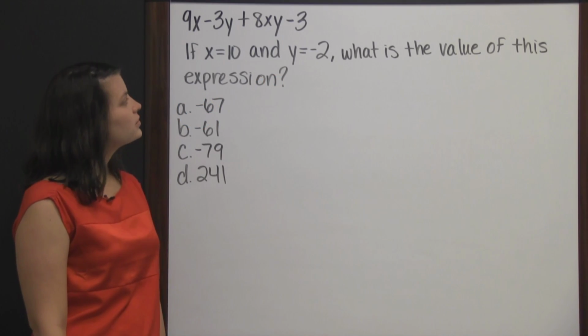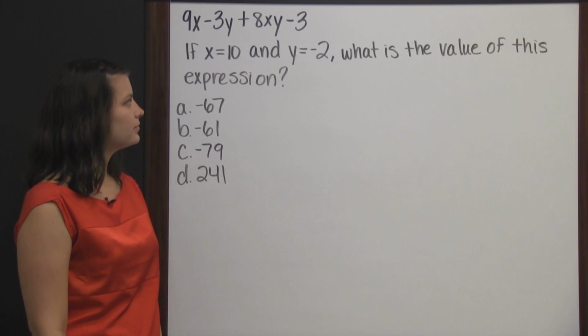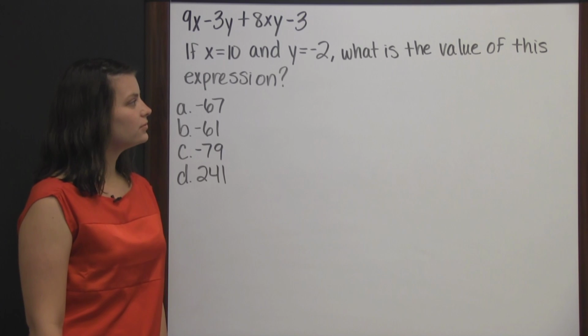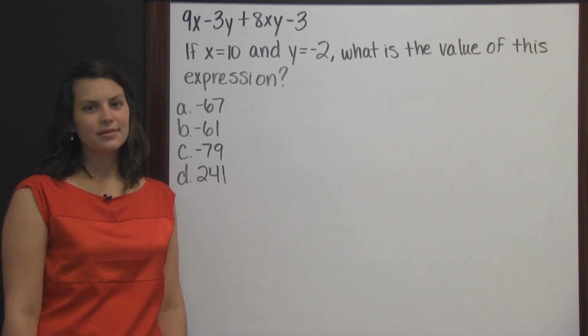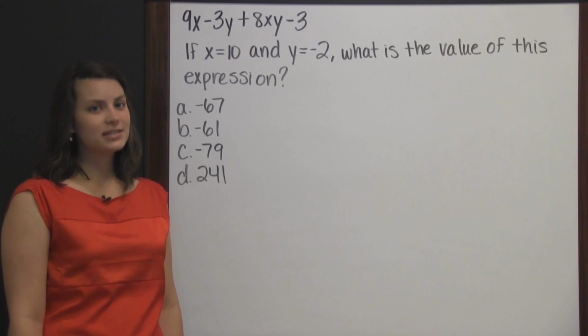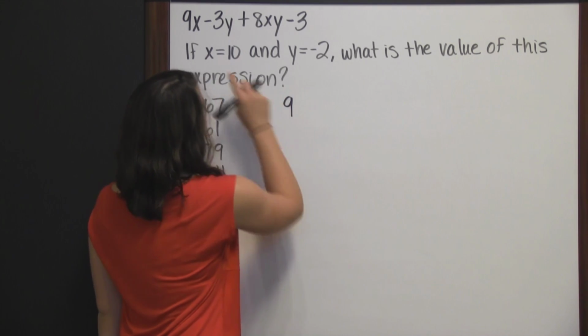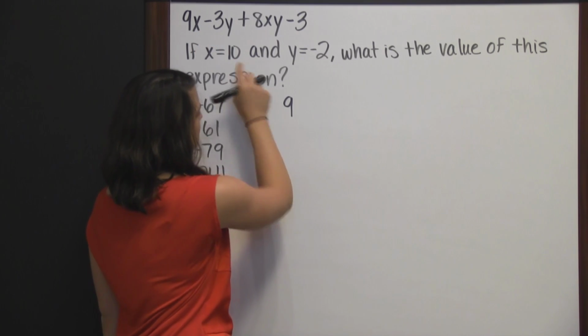(9x minus 3y plus 8xy minus 3). If x equals 10 and y equals negative 2, what is the value of this expression? First, we need to substitute. 9 times x, and we're replacing x with 10.